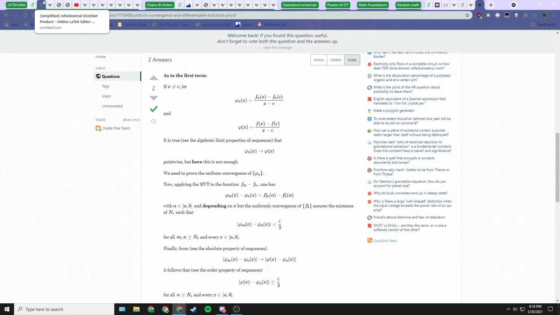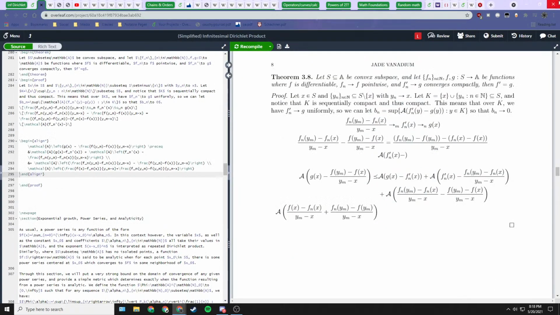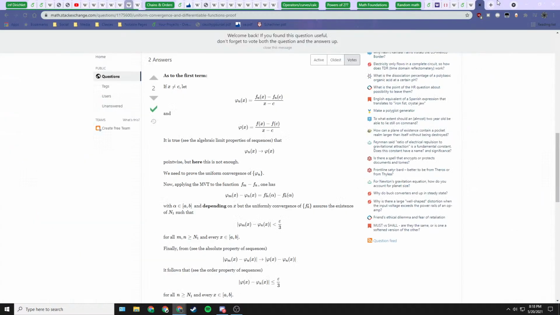Well, that's just not useful. We can't use that here. We don't have the intermediate value theorem. Or the mean value theorem, rather.